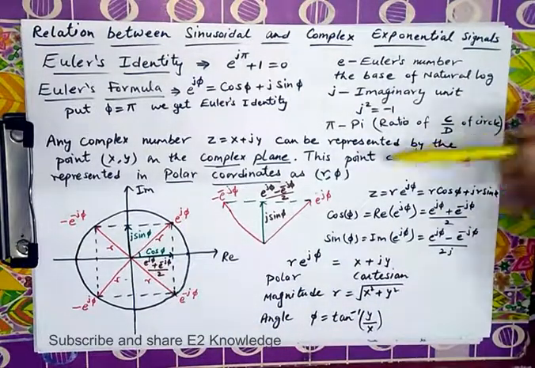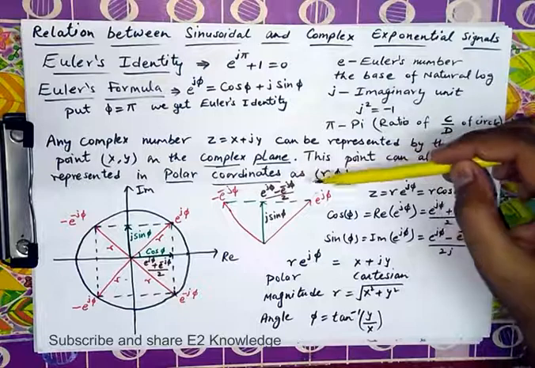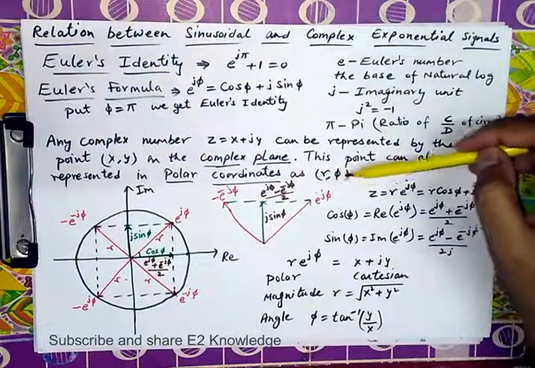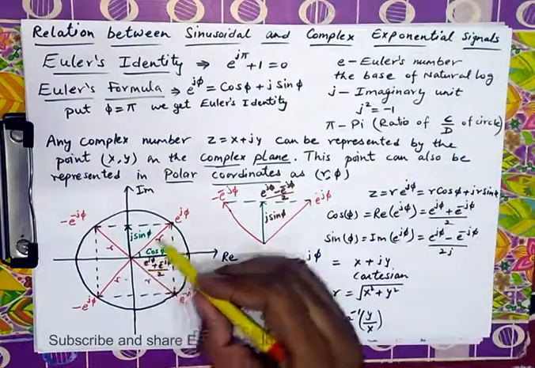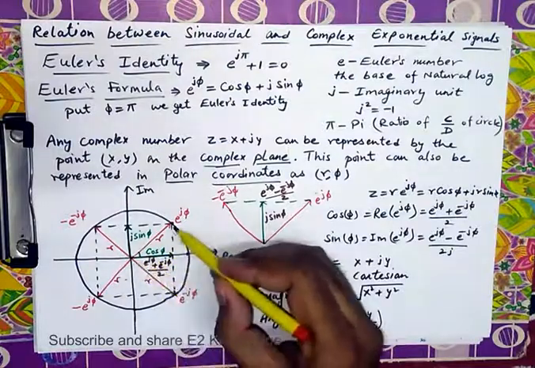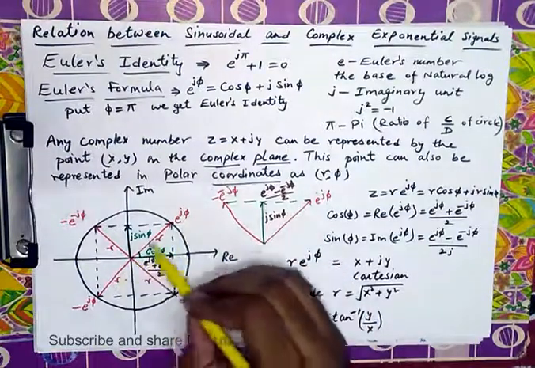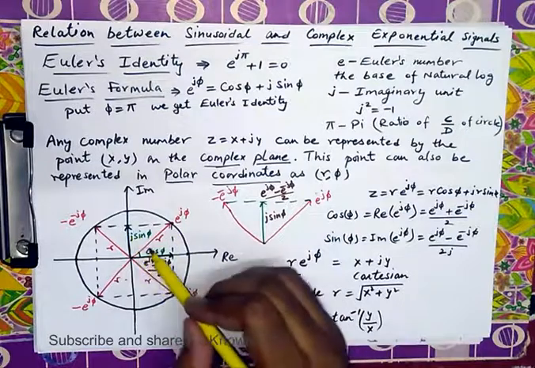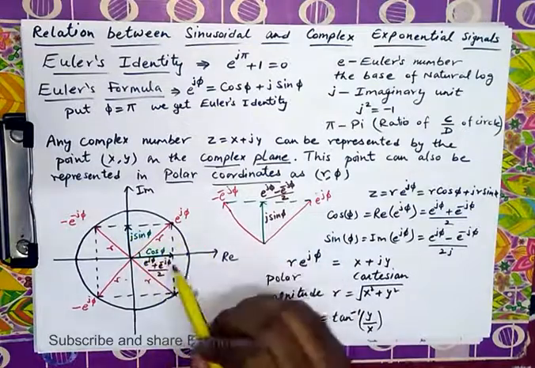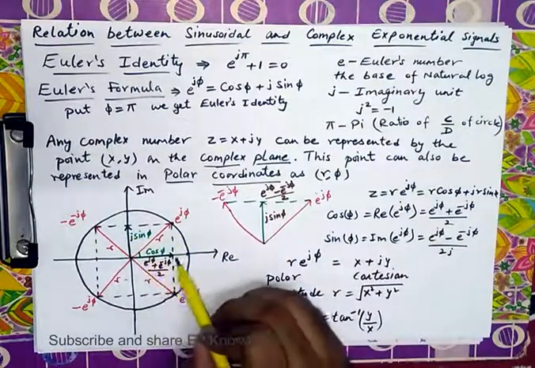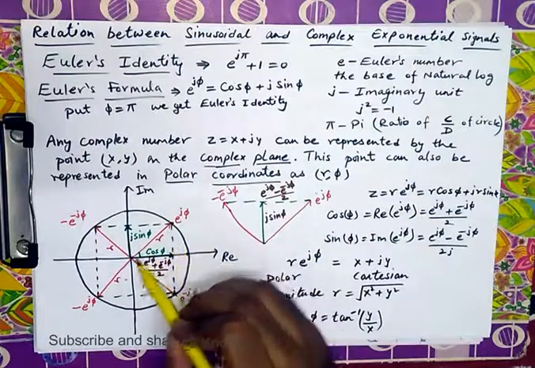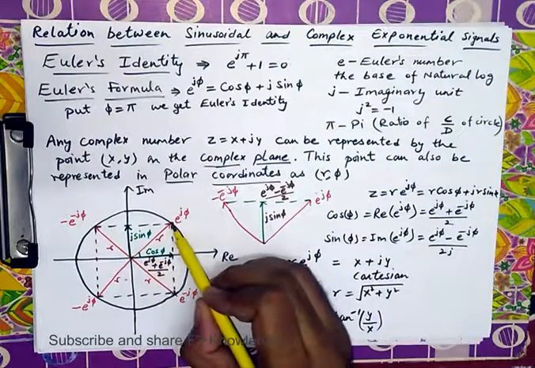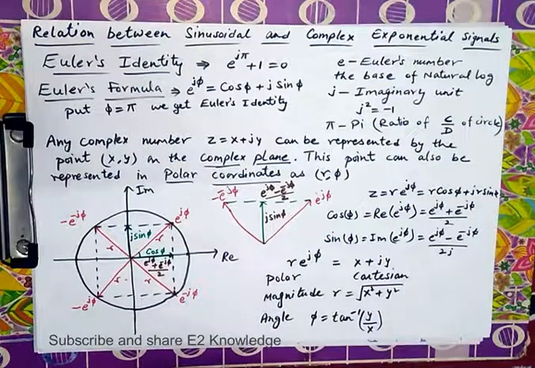This point can also be represented in polar coordinates as r, phi, that is radius and angle phi. So this point can be represented in terms of polar coordinates as well as Cartesian coordinates. Suppose this is x, this is y. We reach here, x plus jy.